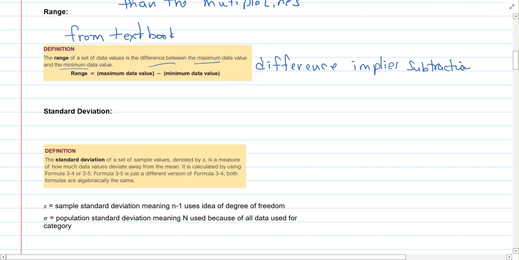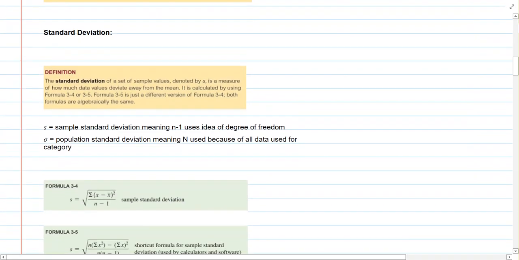All right. So now we're going to talk about standard deviation. And the standard deviation is one of the focal points of the statistical analysis.